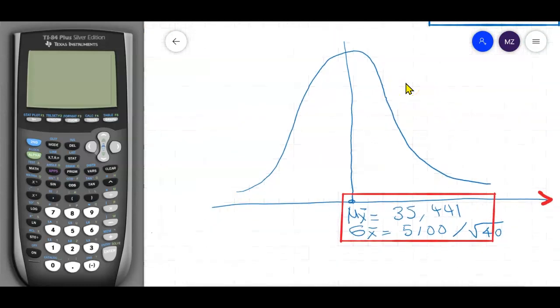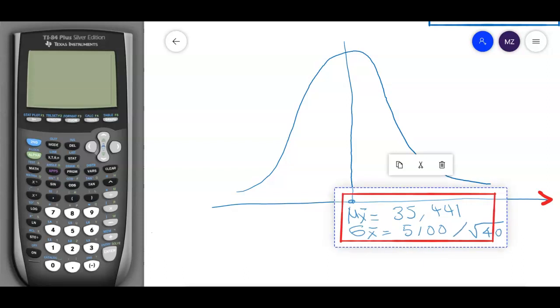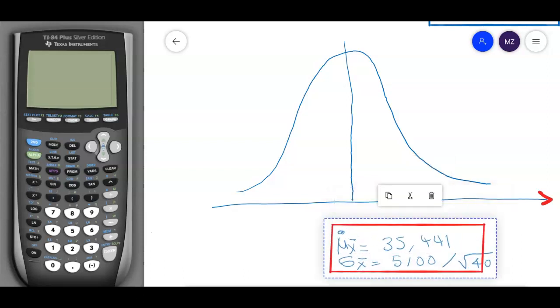Now where could be 37,249? Of course, if this is around 35 here, that's the middle, so 37,249 is going to be somewhere here.